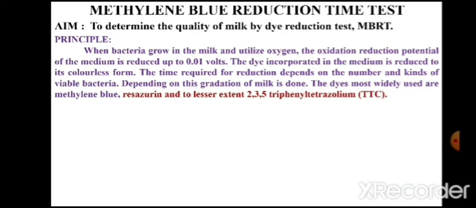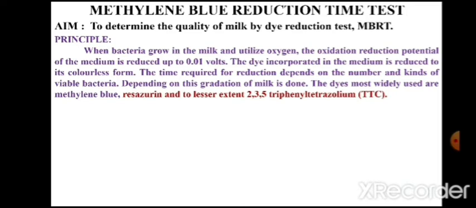Glycolysis is oxidation of glucose. So organic compounds are oxidized. As a result of oxidation, electrons are released, and as the rate of oxidation increases, the rate of release of electrons also increases.